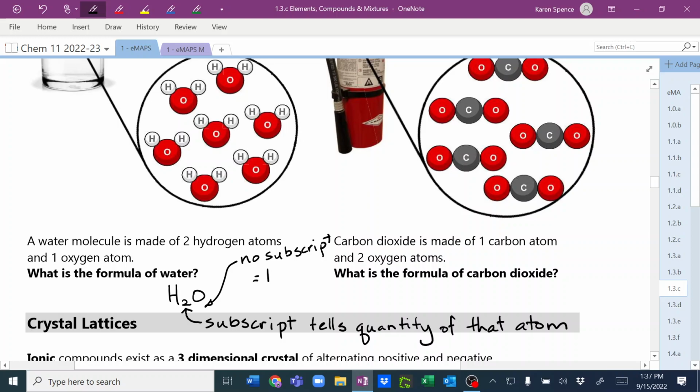Carbon dioxide, what is the formula for carbon dioxide? CO2. There's no subscript for the C, so there's just one C. There's a 2 after the O, so there are 2 O's.